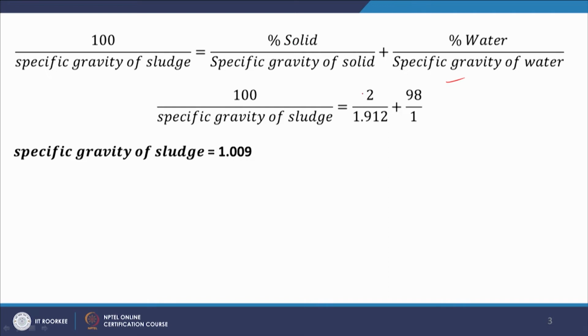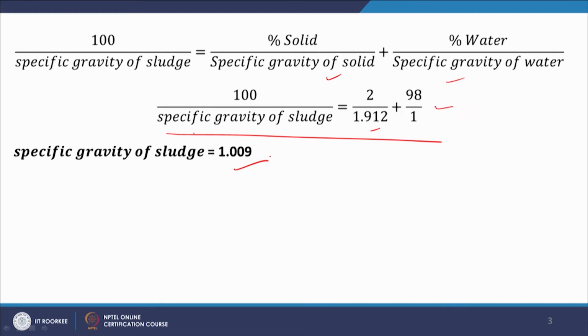So, that is 2 divided by specific gravity of solid, which we just calculated as 1.912, and then percentage of water is equal to 98 and specific gravity of water is equal to 1. So, this is the expression we are having, and by solving this expression, the specific gravity of sludge is becoming 1.009.